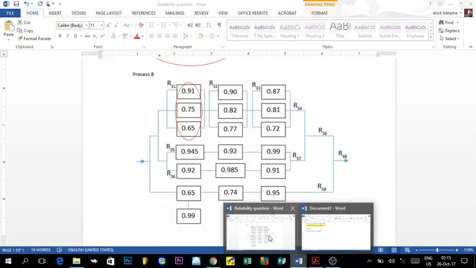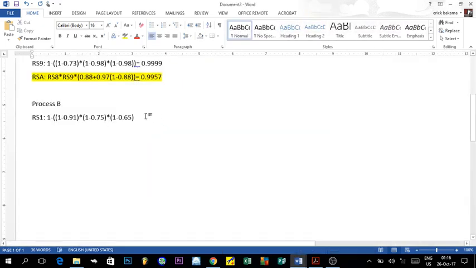This is how you solve RS1, and the answer that you get is 0.9921.